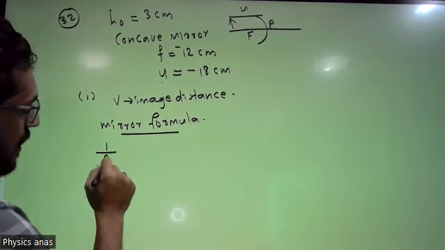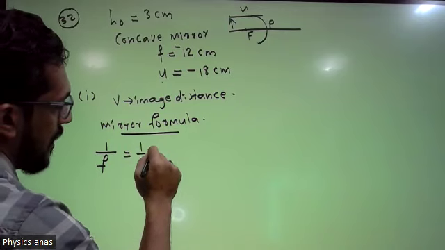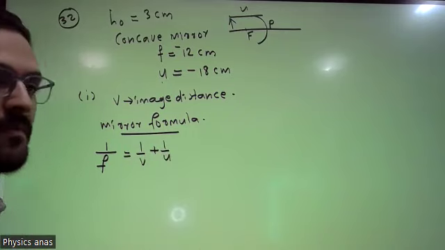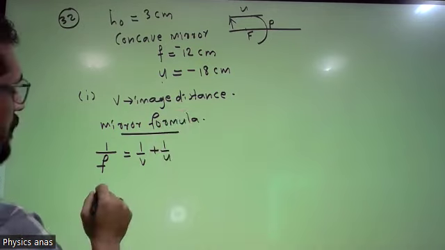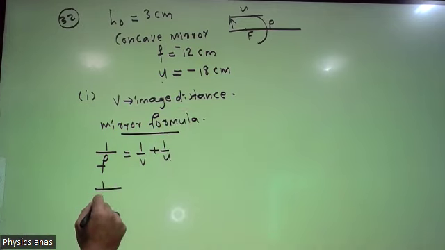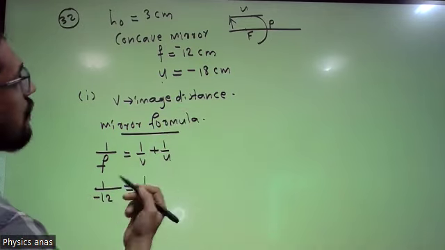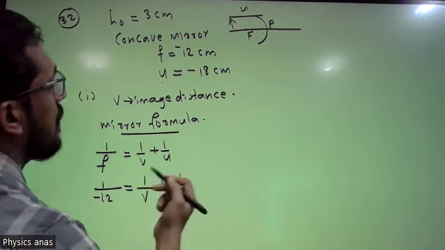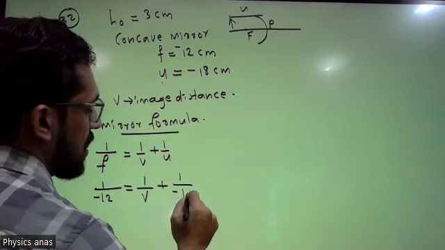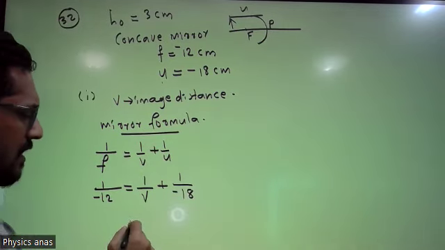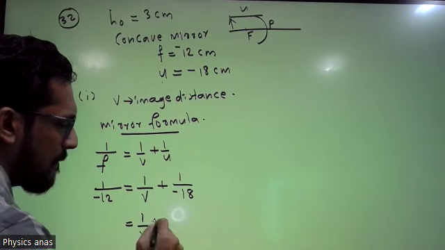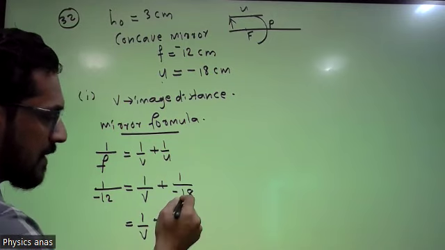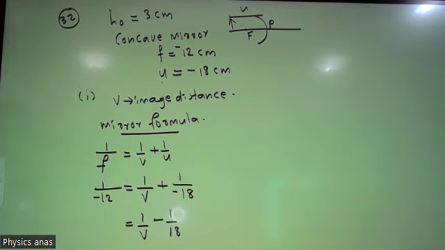What is the mirror formula? 1 by f is equal to 1 by v plus 1 by u. f is minus 12, so 1 by minus 12 is equal to 1 by v, what we have to find, plus 1 by u, which is minus 18. This can be written as 1 by v minus 1 by 18 equals 1 by minus 12.